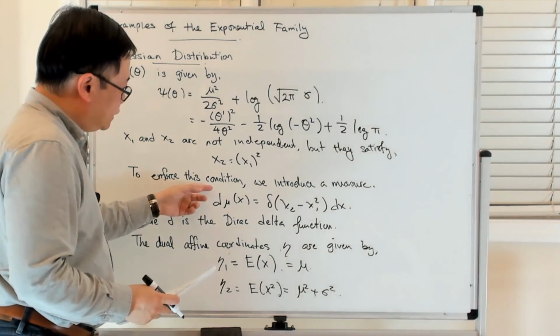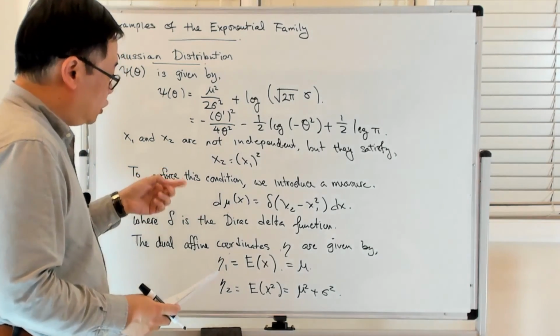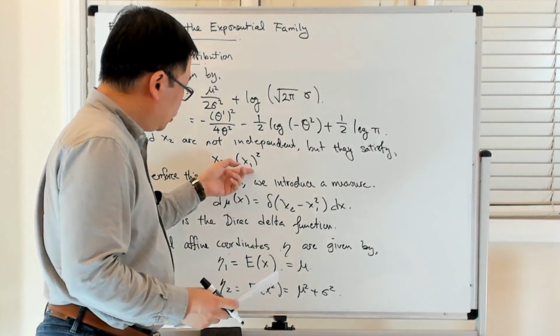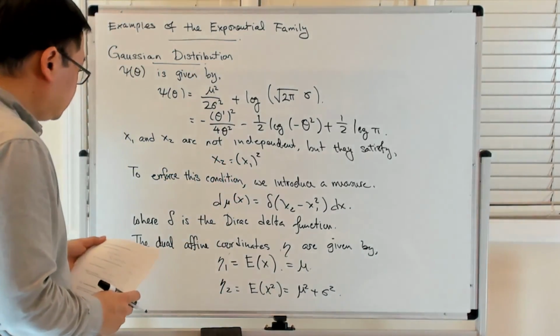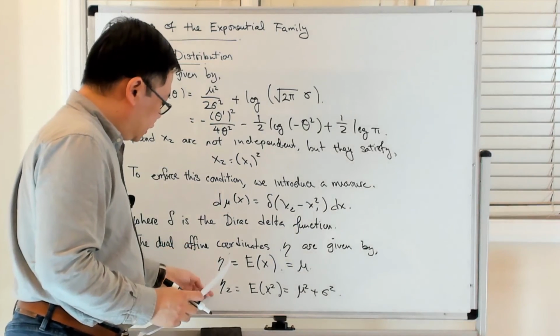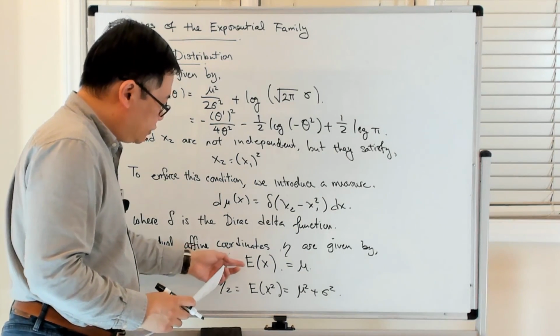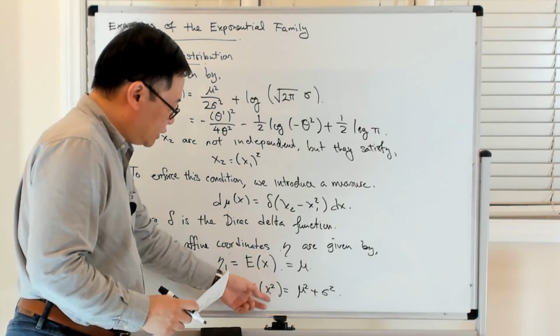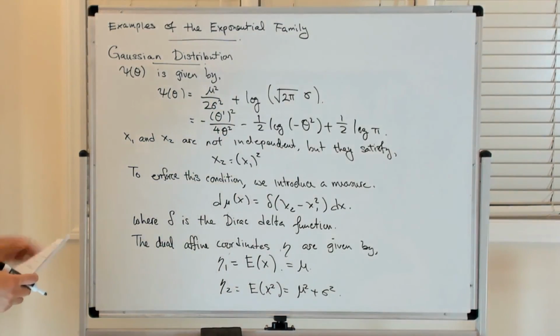We've introduced this measure which concentrates the distribution so that the constraint that x1 squared is equal to x2 is satisfied. And then we've looked at the dual coordinates, which are expressed in terms of the expectation of x and x squared, as follows. All right, so let me stop here for now.